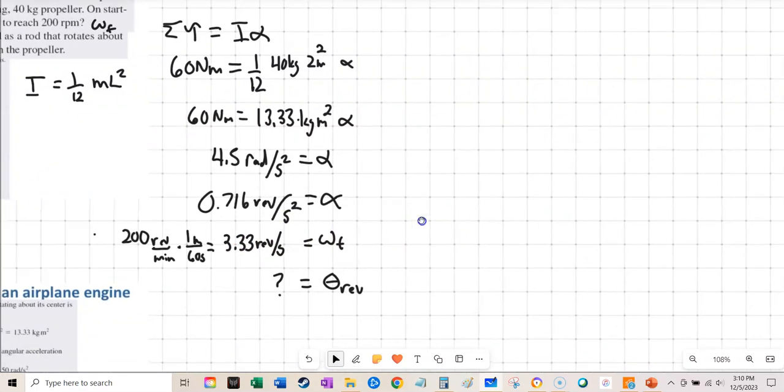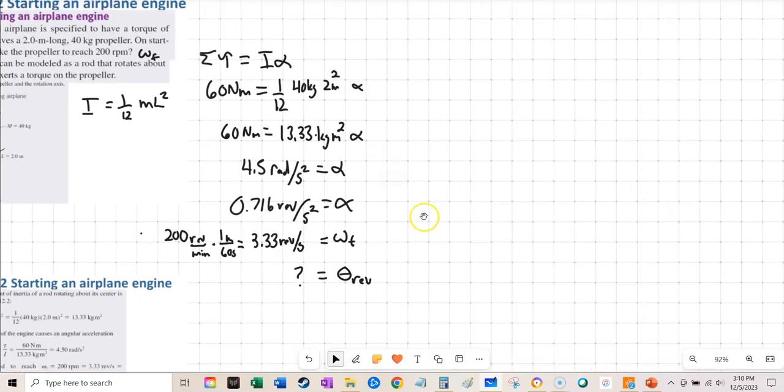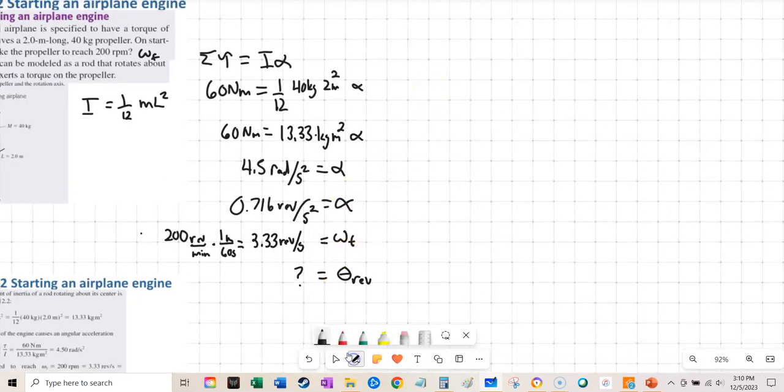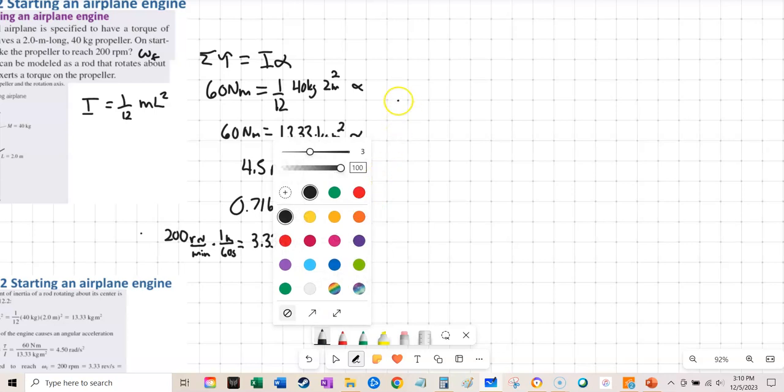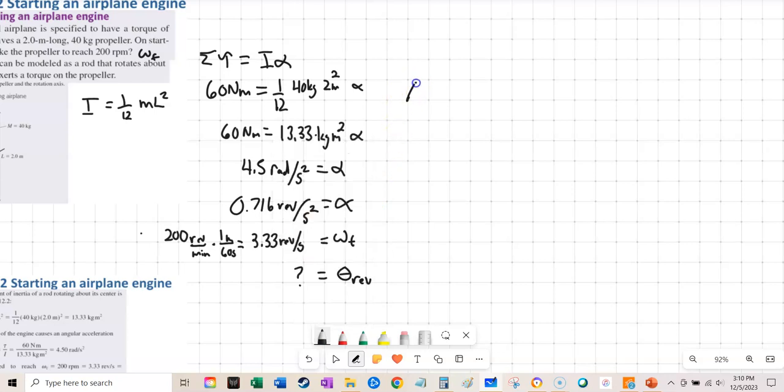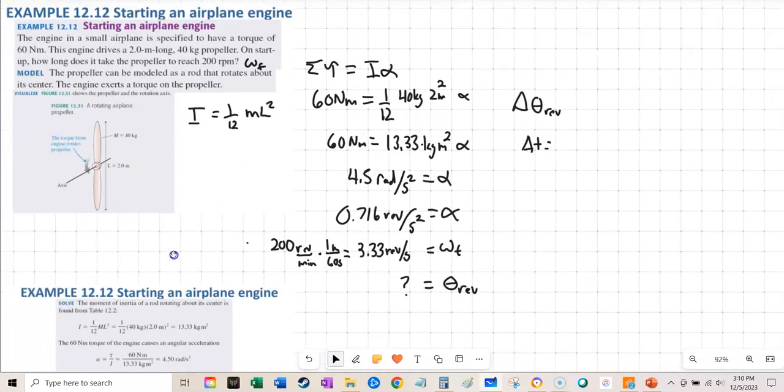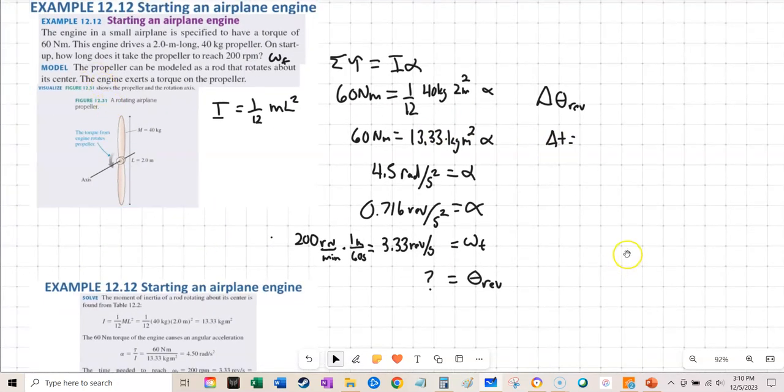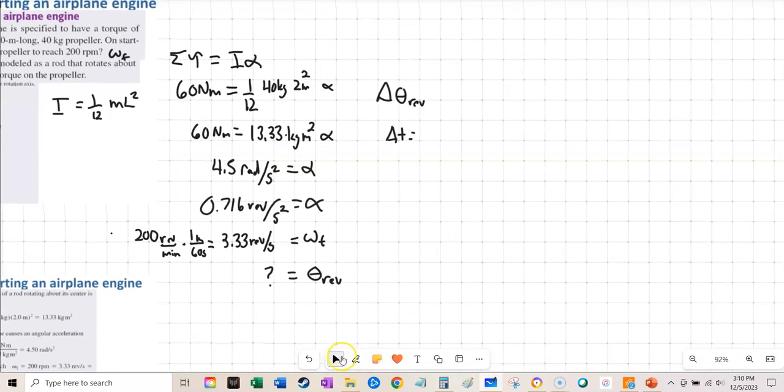So what I'm going to do is practice that procedure for motion. I'm going to make a list of my variables. Omega final, delta t. And I think we want to know how long, not how many revolutions. I'm sorry about that.